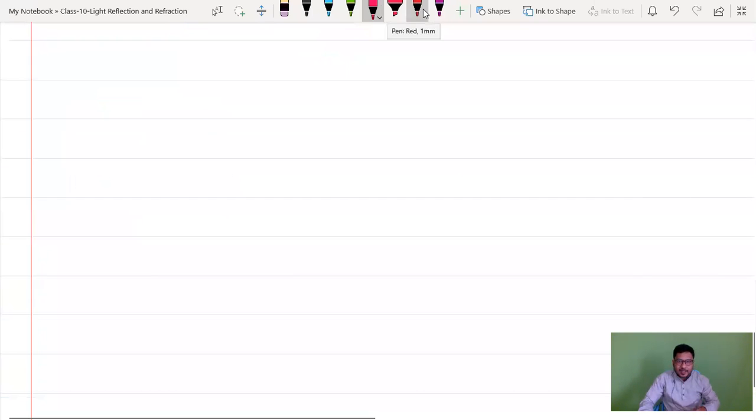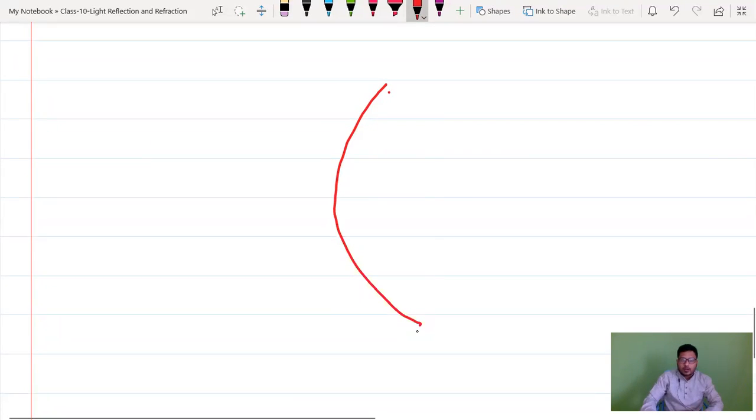First diagram. Convex mirror. This is the shaded side, and you can see the convex mirror has a very great aperture of reflection.